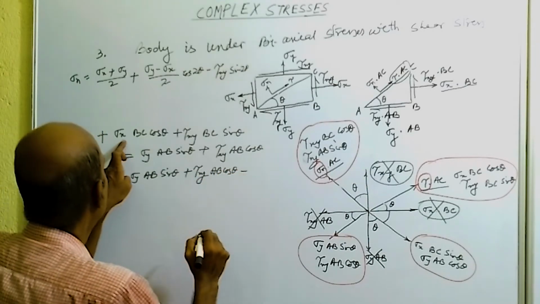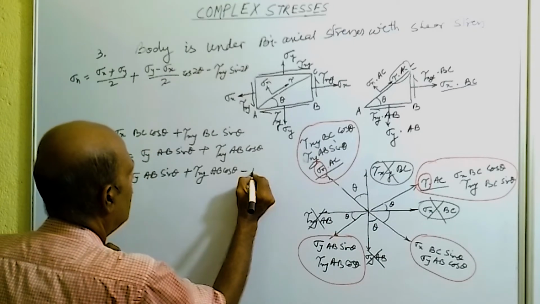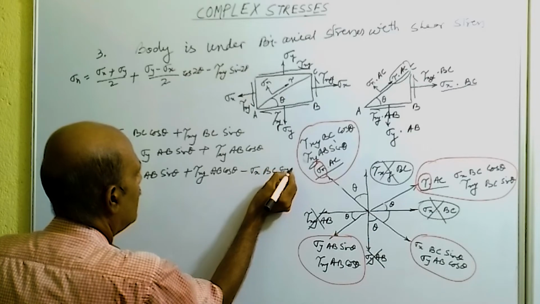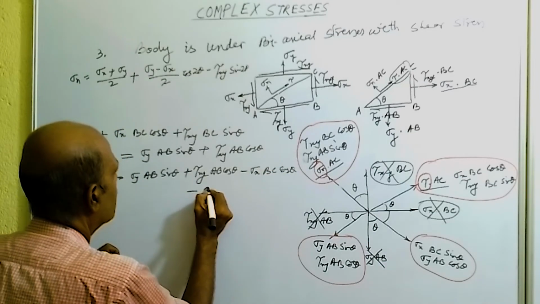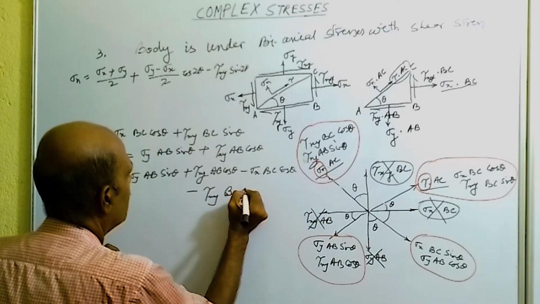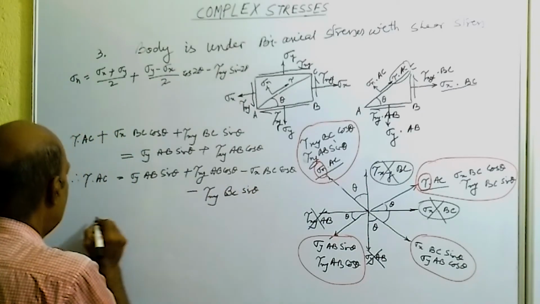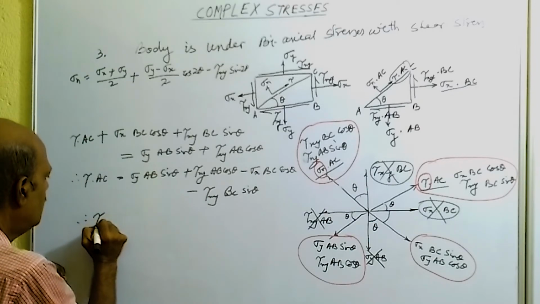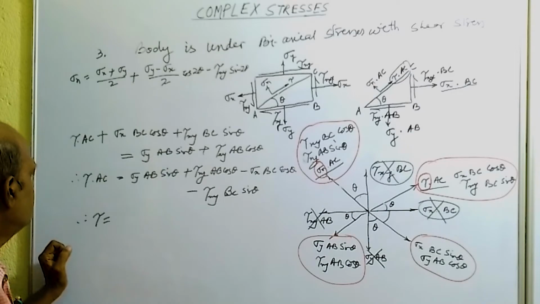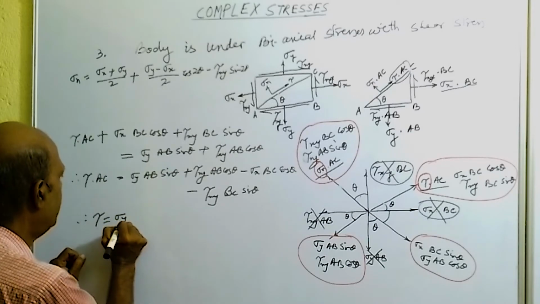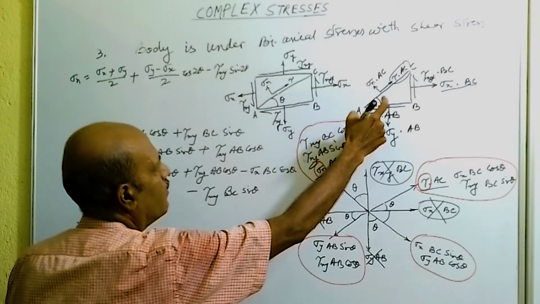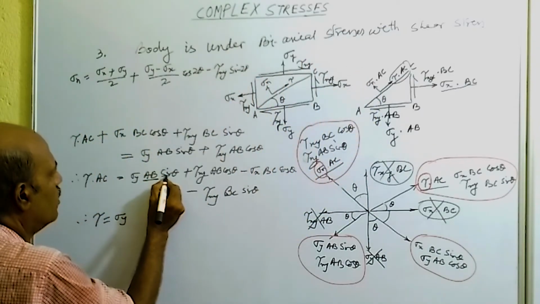minus sigma x BC cos theta minus tau xy BC sin theta. Therefore tau will come as, divide by AC, so it will be sigma y AB by AC. From this figure we can find AB by AC, that is cos theta, so cos theta into sin theta.